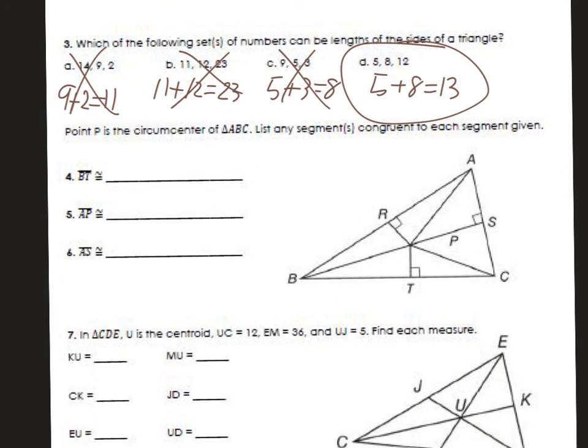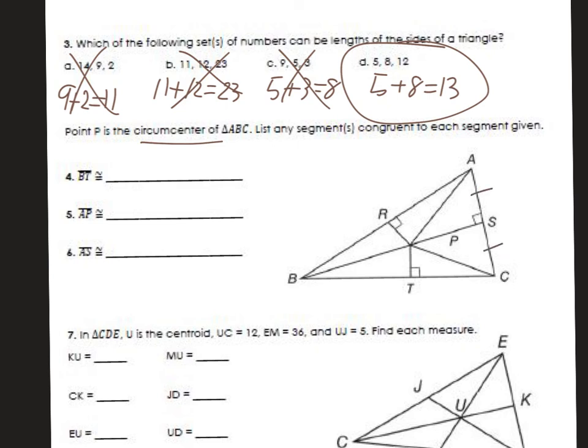Point P is the circumcenter. Circumcenter means that we are dealing with perpendicular bisectors. List any segments that are congruent to each segment given. So I'm not even going to look at the three things here. First, I'm going to mark up my figure because I'm dealing with perpendicular bisectors. So I know that at each of these 90-degree angles, I essentially have segments that are going to be congruent on either side.